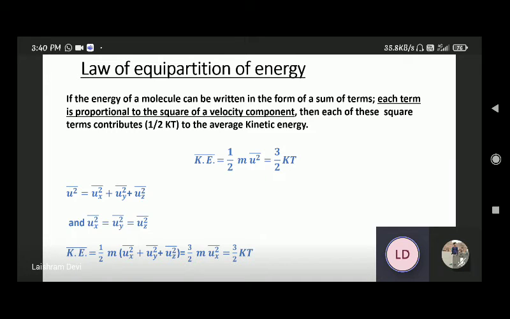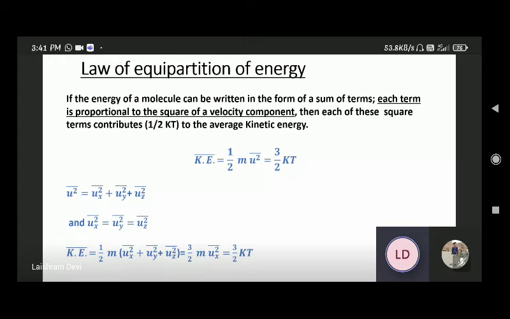तो अकॉर्डिंग टू लॉ ऑफ इक्विपार्टीशन ऑफ एनर्जी, suppose the energy of a molecule can be written in various forms, right? Suppose it is written in the form of a sum of various terms, कई सारे terms के sum की form में suppose लिखते हैं किसी molecule के energy को, right?